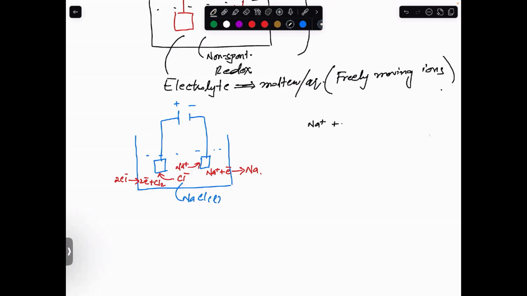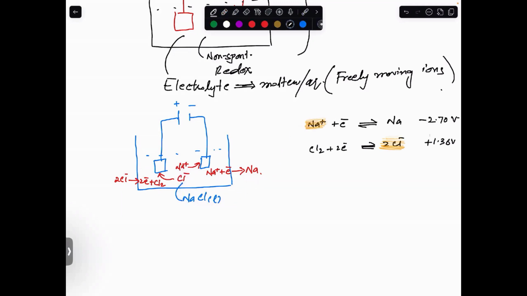But if I relate this to electrode potential values, look. Na plus gains electron, making Na. It is something like minus 2.7. I'm not 100% sure, but it's close to this, right? And chlorine gains 2 electrons, making 2Cl negative, plus 1.36 volt.